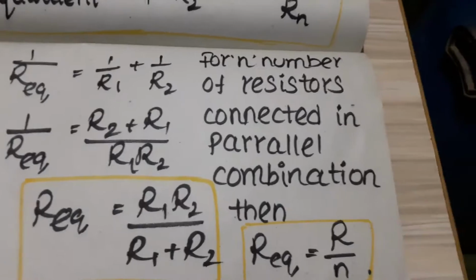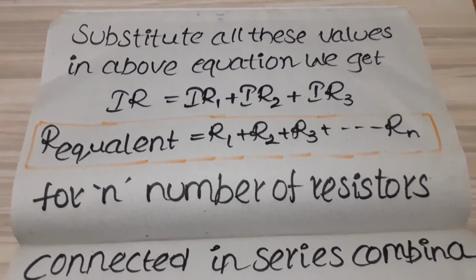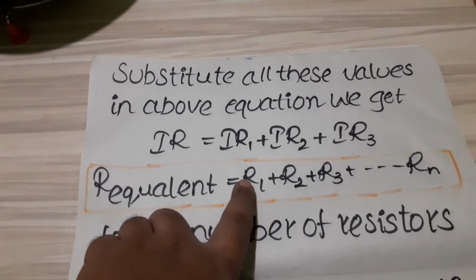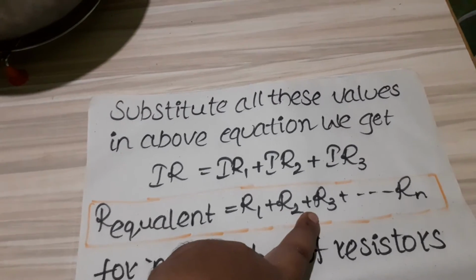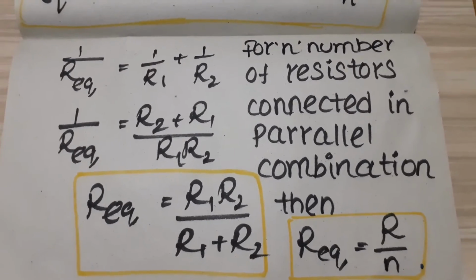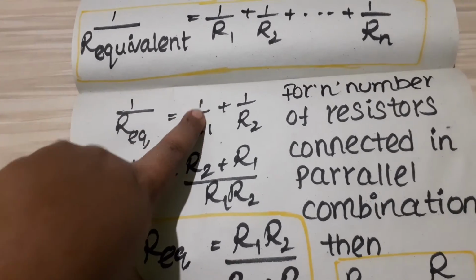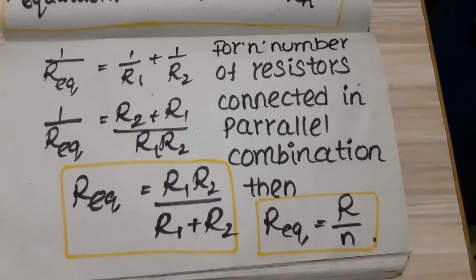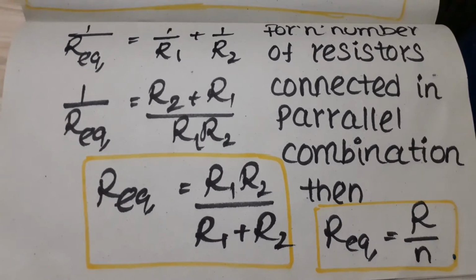Which is the greater value? Do you understand my question? Which is greater? For example, I am taking three resistors: 1 ohm, 2 ohms, 3 ohms. In series, the total equivalent resistance is 1 plus 2 plus 3, which is 6 ohms. Similarly, in parallel combination, the equivalent resistance is given by 1 by 1 plus 1 by 2 plus 1 by 3, and the resultant value is about 1 ohm.